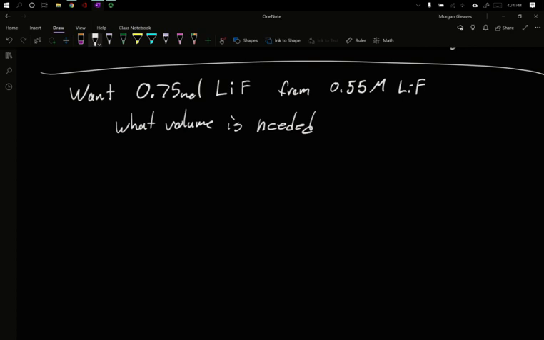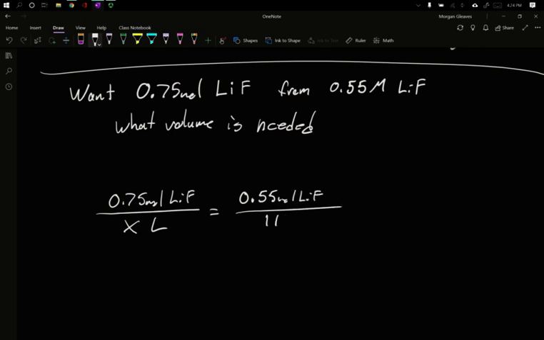All right, if you're back, well, I know the moles I want. 0.75 mole of LiF. And there is some unknown volume that would contain that. That ratio must be equal to the concentration, 0.55 moles of LiF over 1 liter.